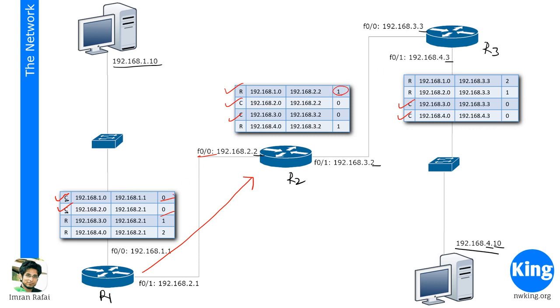Why? Because it sent an update with a hop count of 0, and it adds 1 to it. Similarly, when this device sends that same 192.168.1.0 to router 3, it puts that same network accessible through 3.3 or the F0/0 interface with a hop count of 2. That's how routing updates work.